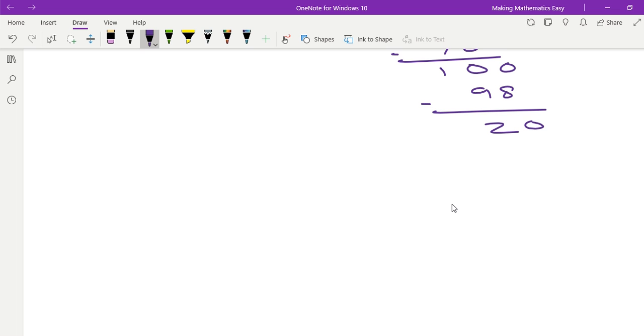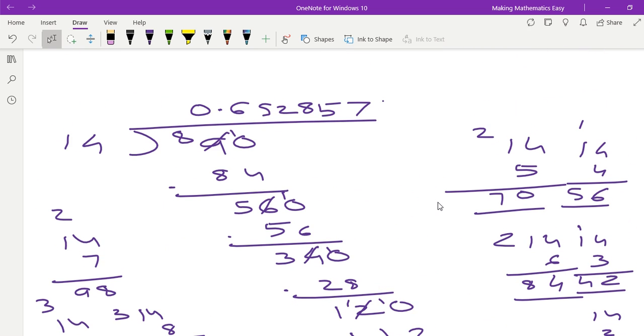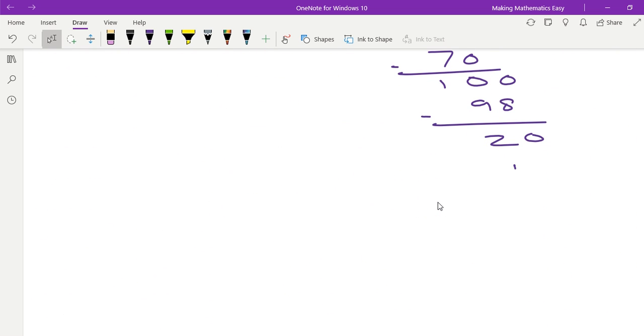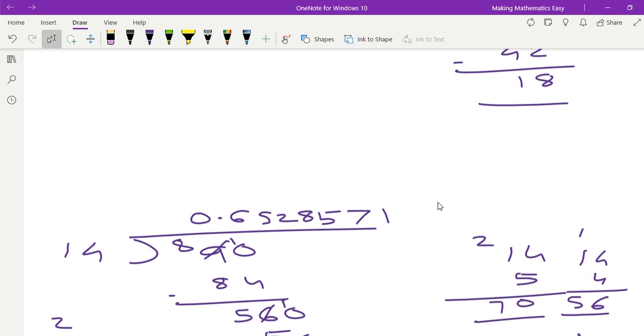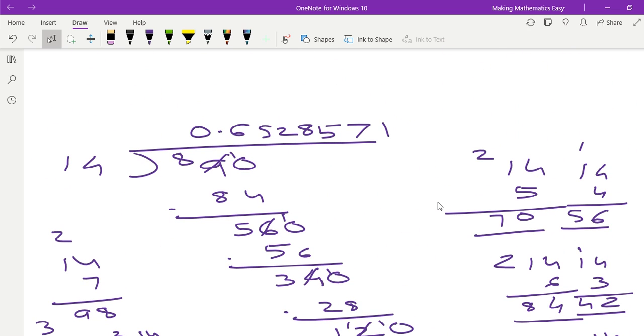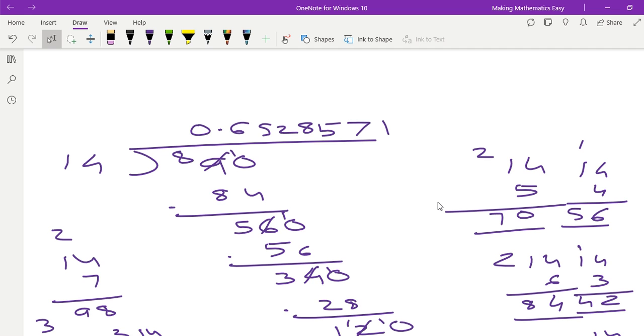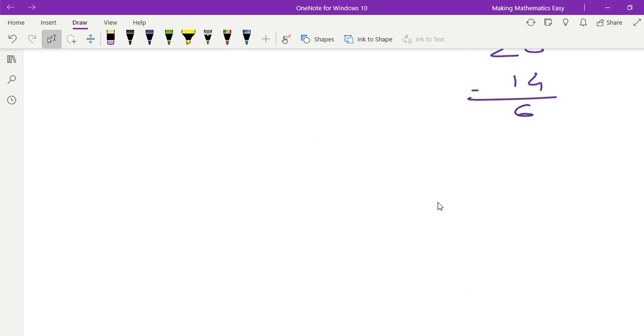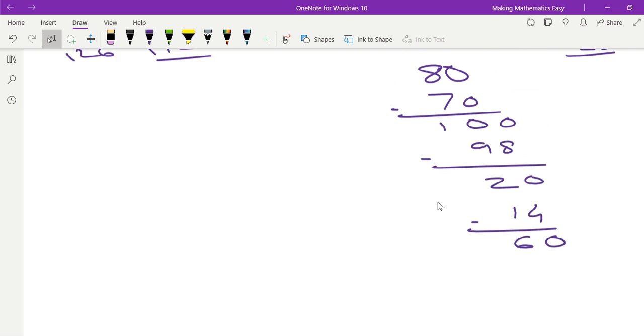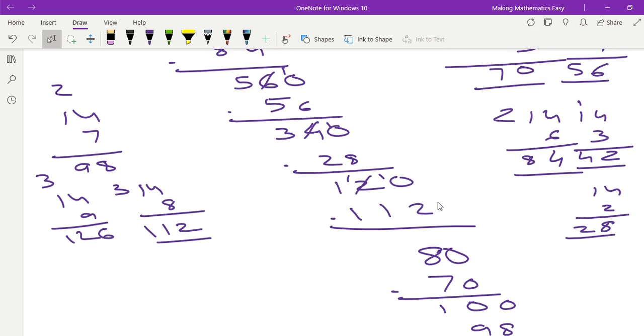So this will be 2, 0, 14, 1s are 14. This will be 6. Yeah, so now this will be 6. Okay, so we can use 0 over here. Now let's check where is 60.